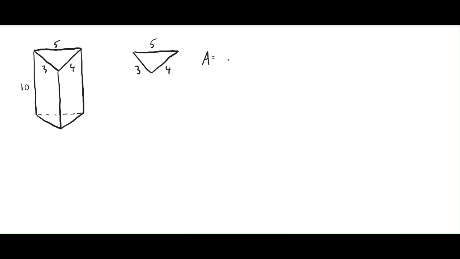So Heron's formula says that the area is the square root of S times S minus A, S minus B, and S minus C. I'll tell you what these letters mean right away.